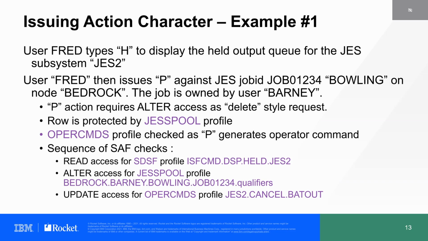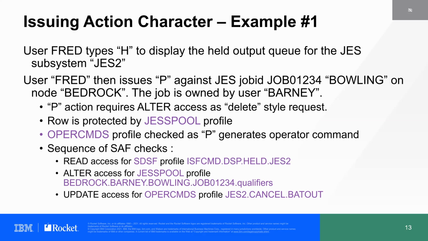So it's going to be node name, .owner, .job name, .job ID, whatever qualifiers follow after that. And he's also going to need update access to the opera commands profile, jes2.cancel.batout. So what would happen here if this guy just knew the JES command that he wanted to issue, and he cut and pasted that and did a slash?